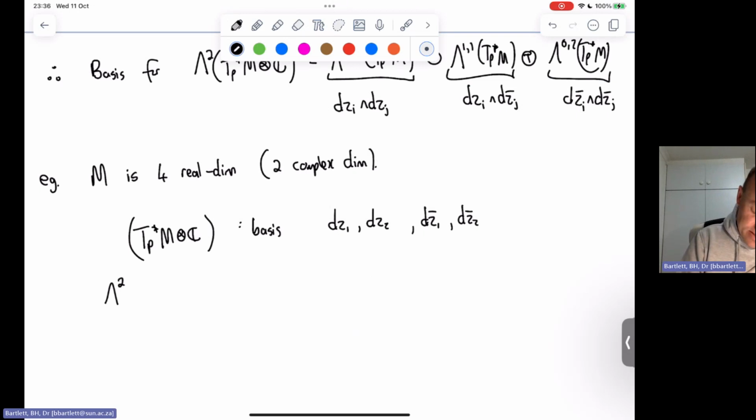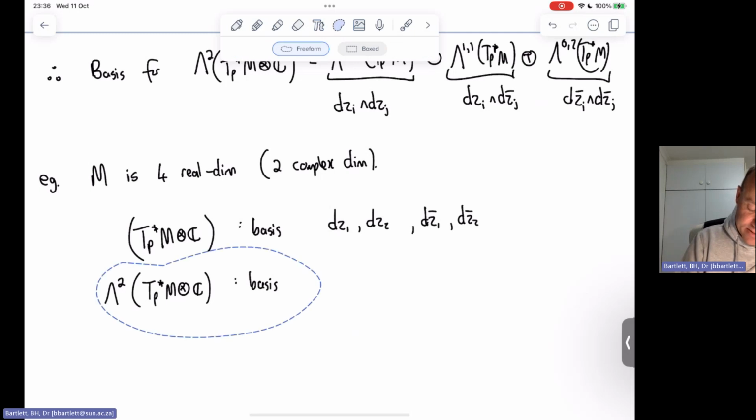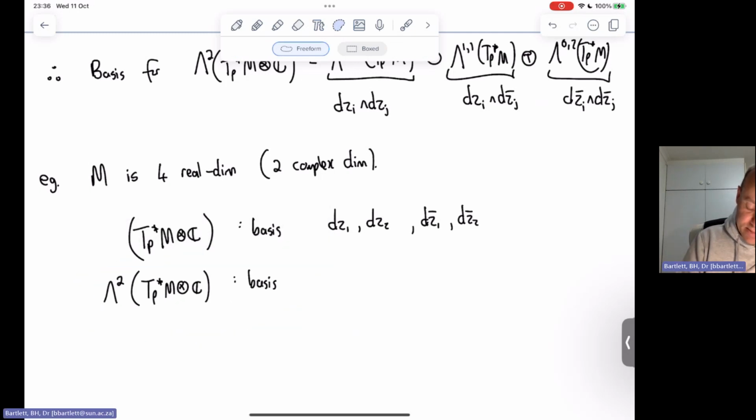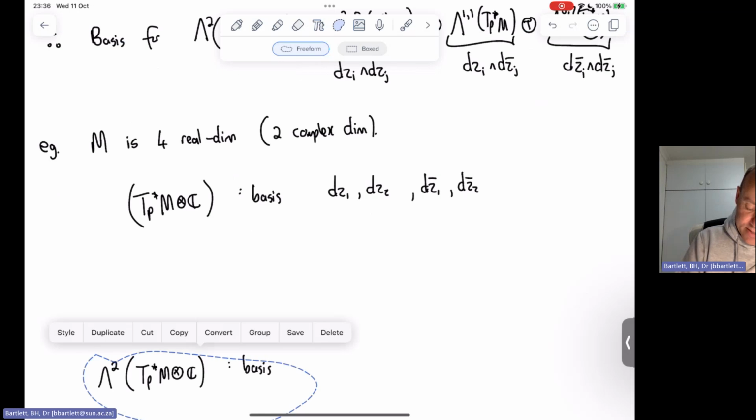The second exterior power of the cotangent space is going to have a basis that's going to split up as follows. Let me first write this like this.